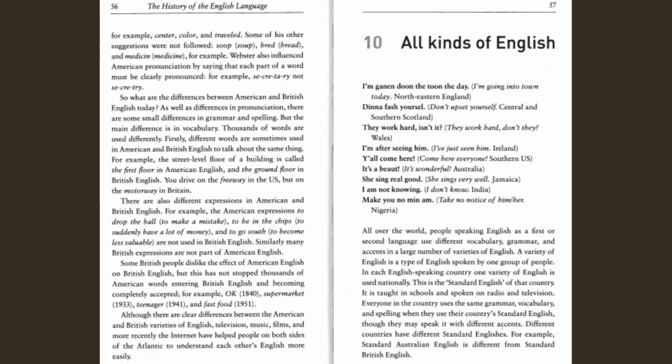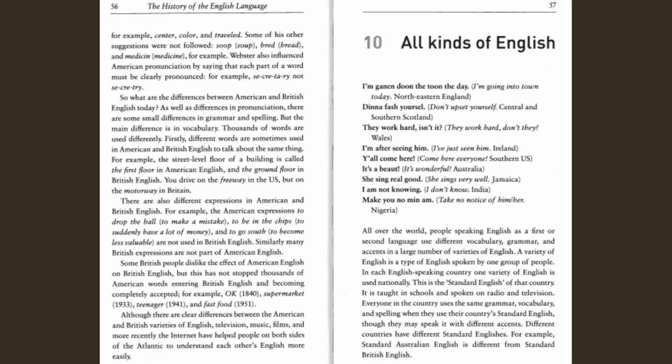Come here, everyone. Southern US. It's a beaut. It's wonderful. Australia. She sing real good. She sings very well. Jamaica. I am not knowing. I don't know. India. Make you no mine. Take no notice of him or her.